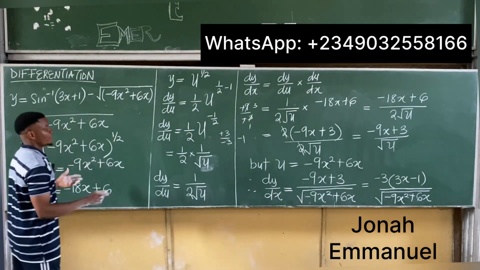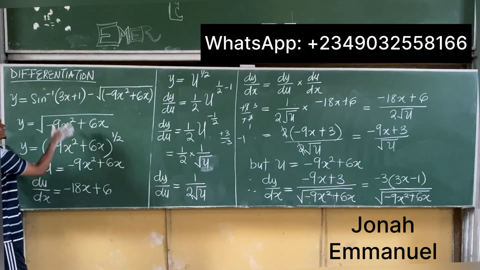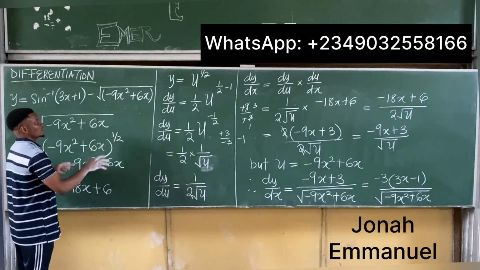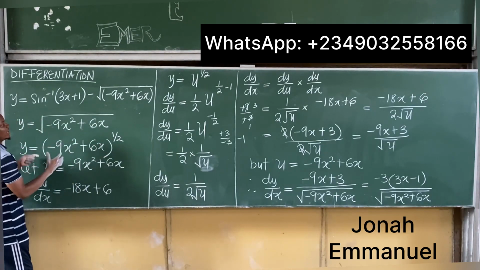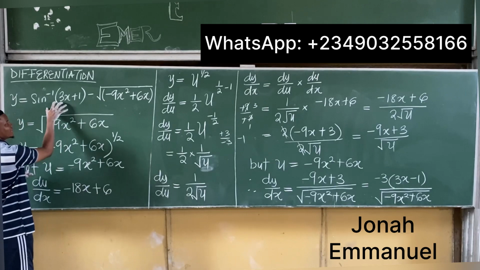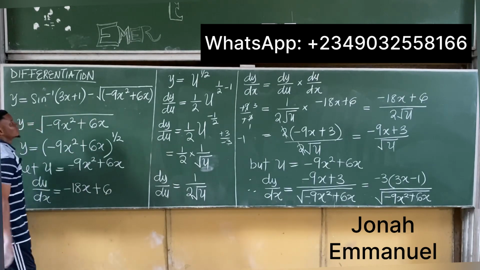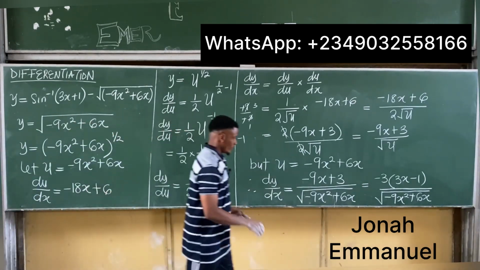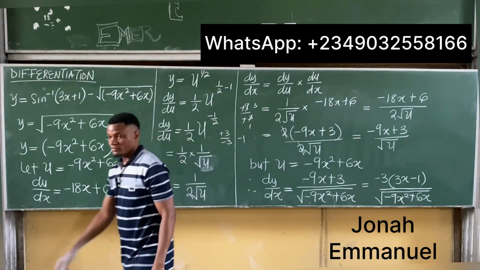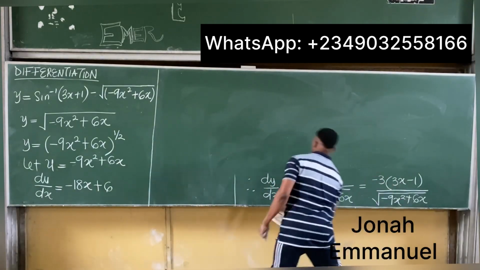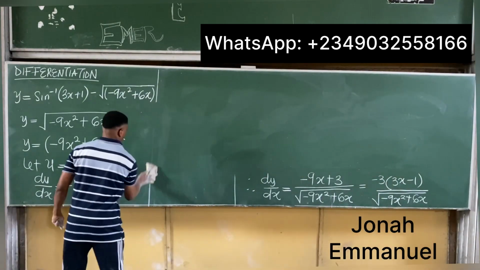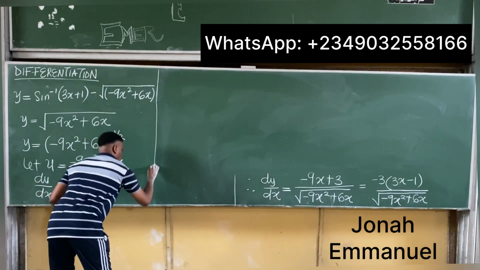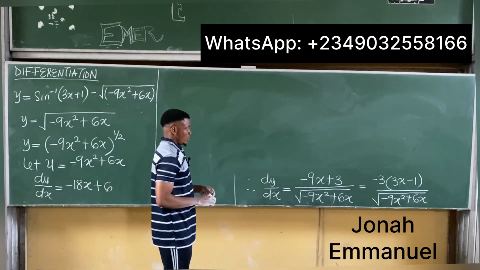So finally, we've gotten the derivative of this separately. We've also gotten the derivative of this separately. So my total dy by dx will be, I'll combine the answers for both this and this together to get my final answer. All right.